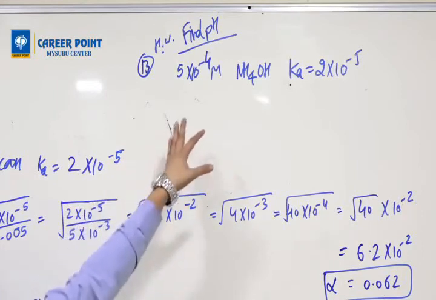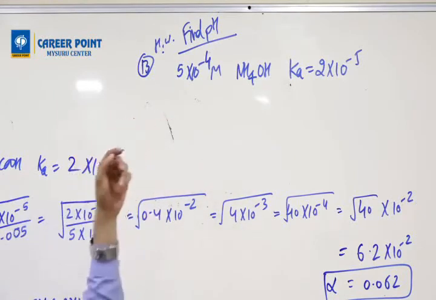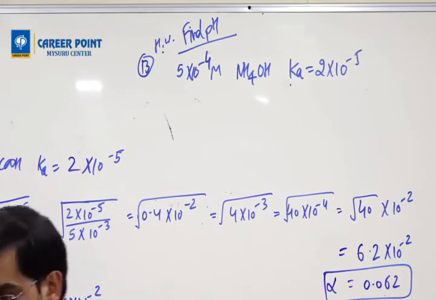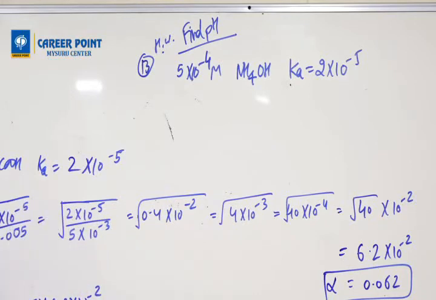Understood the homework? If you have understood both the homework, please comment yes. Have you taken the homework properly or not? Okay, one more thing. That homework is not sufficient.